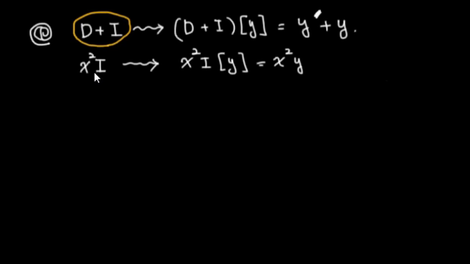X squared is really a number, but we accept it as functional notation, x squared, the square function, the quadratic function. So x squared is not operator notation, it is function notation, and I have to give a meaning to that. What it means is that if I give a function, the identity operator picks up the input function itself and multiplies x squared to that given function.